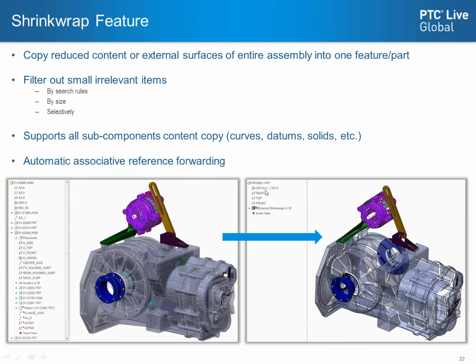A few more capabilities of the advanced assembly is the Shrinkwrap feature. Shrinkwrap feature, very much like the other data sharing features, is both a simplification method, but also a form of data sharing feature because it allows to maintain associativity.